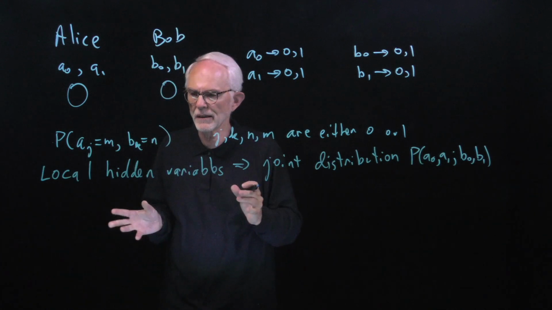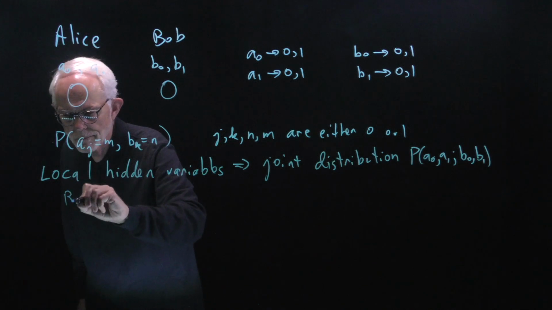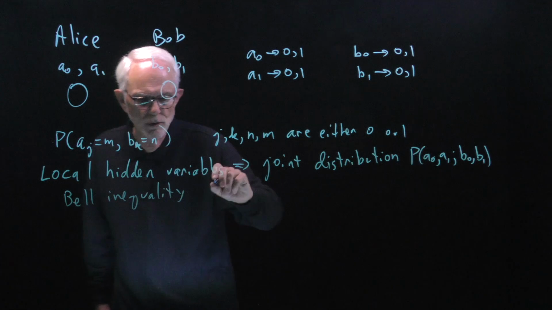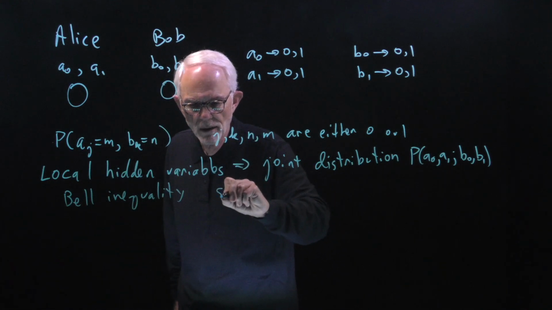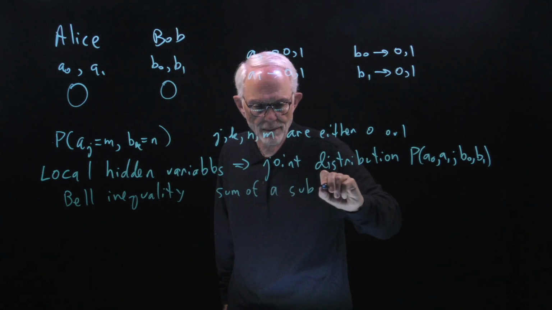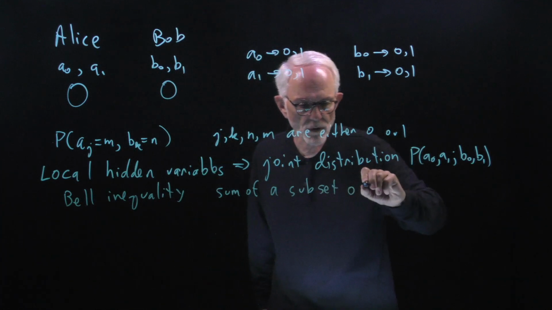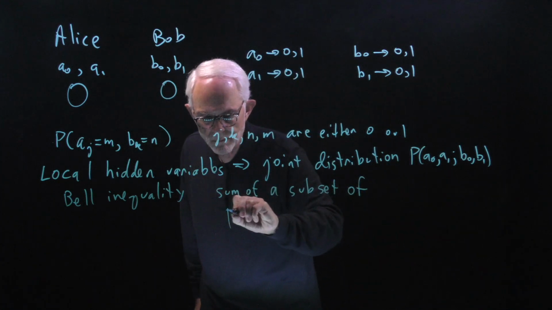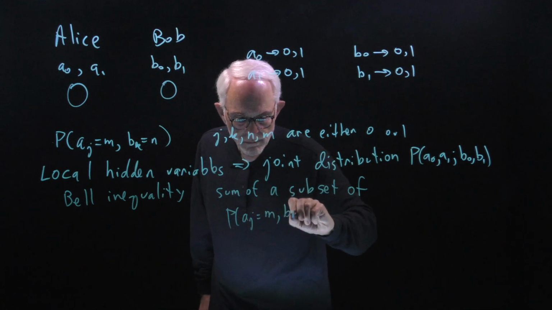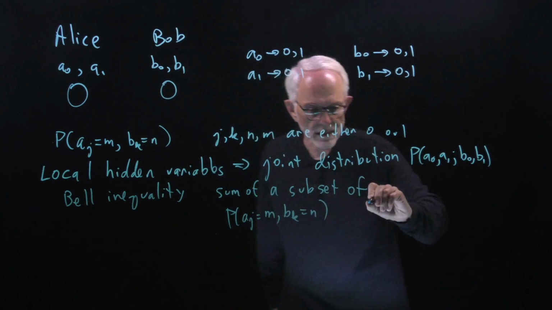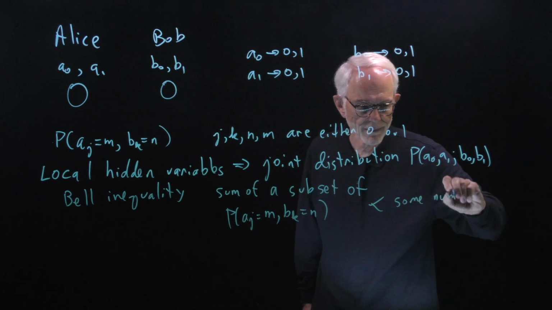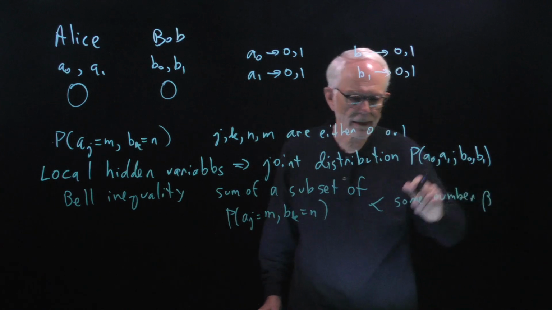And what the Bell inequality will look like is that a sum of a subset of those probabilities is less than some number, which I'll call beta.